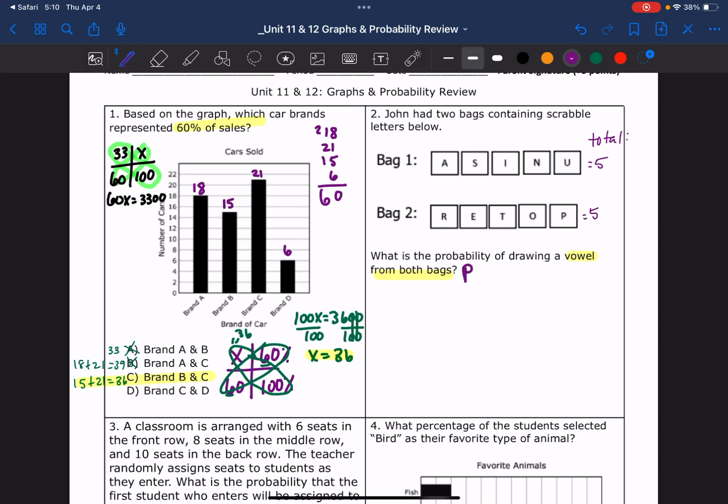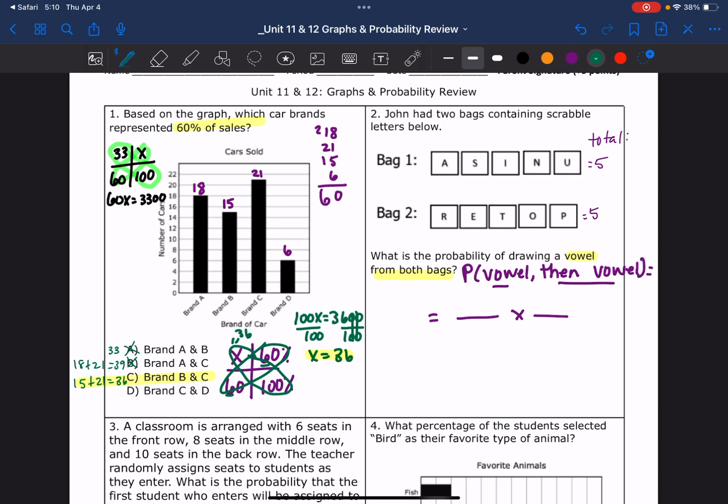So in this case it would be probability of vowel, then vowel. Now I have told you that I don't expect you to write this, but it does help you to understand how many events you have, which then in turn tells you how many fractions you need. So in this case, there's 2 fractions, or 2 events, so that means you will have 2 fractions, okay?